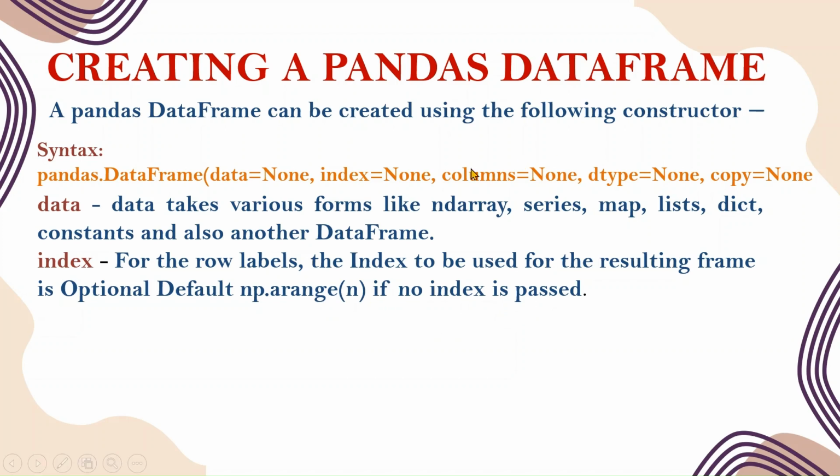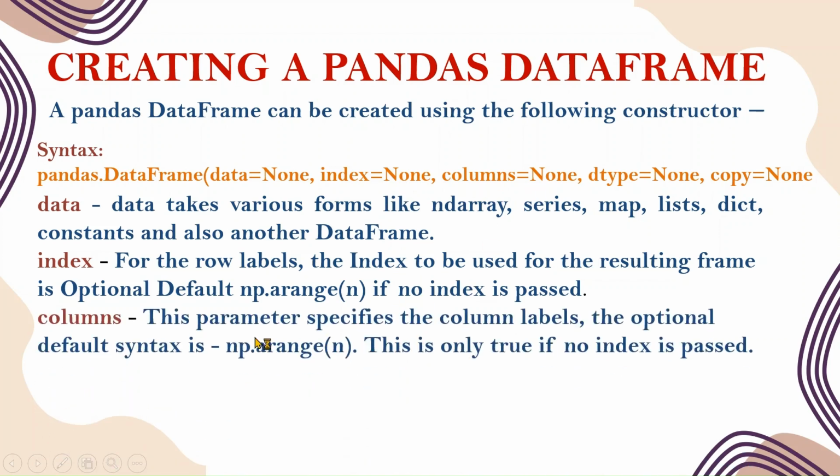Suppose you don't give one, suppose you write index equal to None, then it will take 0, 1, 2, 3, 4 from the beginning of the rows. So the first row becomes index 0, the second row index 1, like that till n-1. If you want to change that, there is still a provision. I don't want 0, 1, 2, 3 like that, I want to give some labeling, I can still do that. I'll show in the example how to do that. Otherwise, by default, you get 0 to n-1.